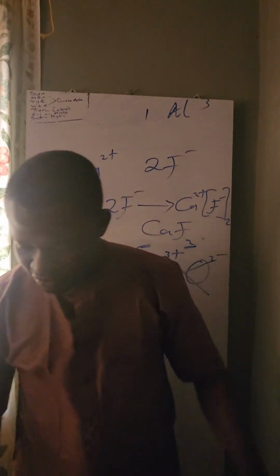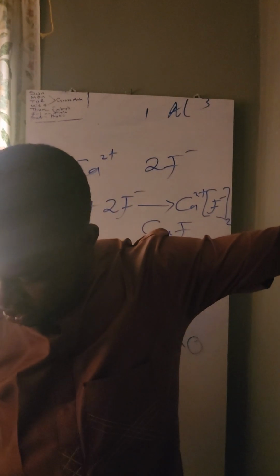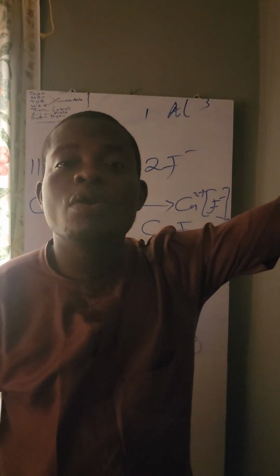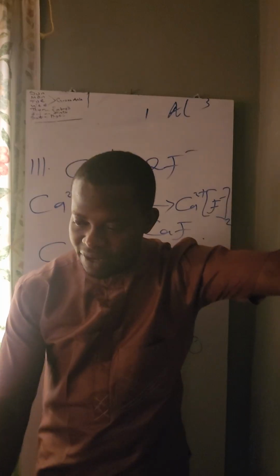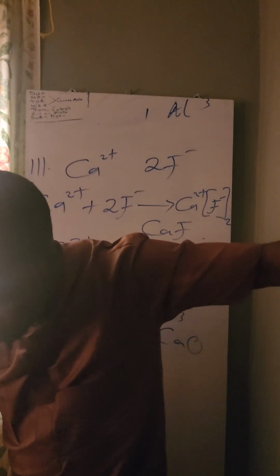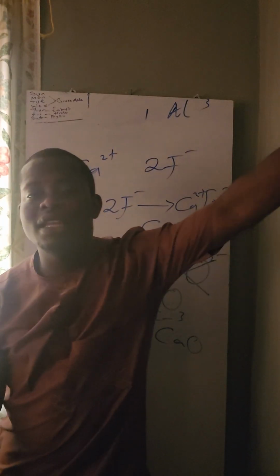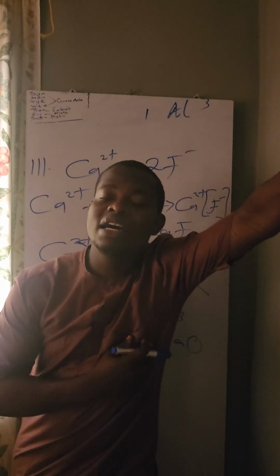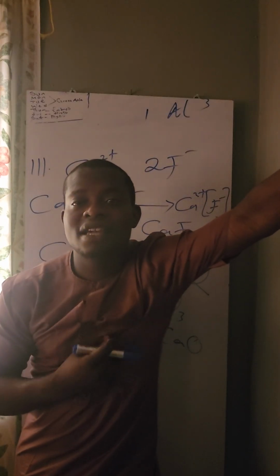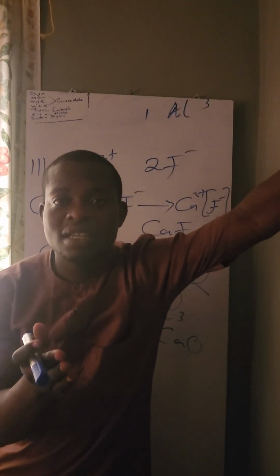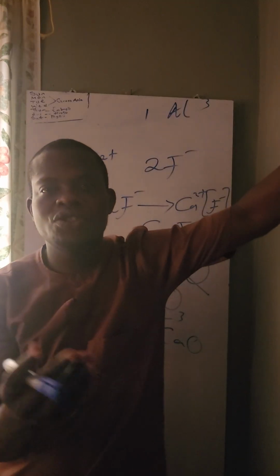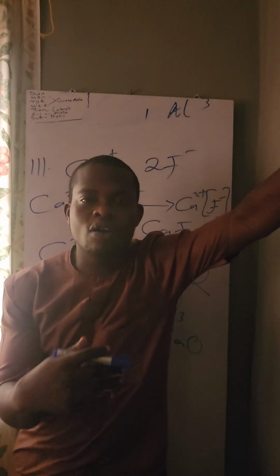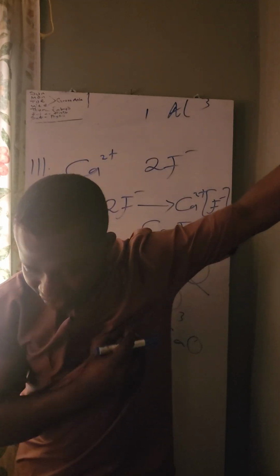Now, let me say something. When they form hydrated ions, they form what we call an electrolyte. When someone asks you what an electrolyte is, you will learn it again in a higher class. You can just tell them an electrolyte is a compound, either in solution, fused or molten state, that conducts electricity.